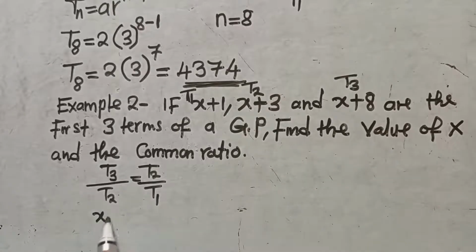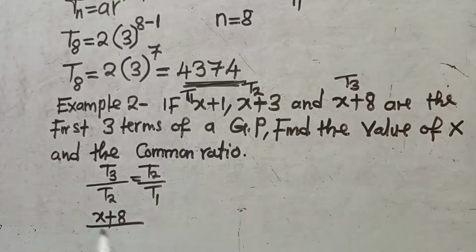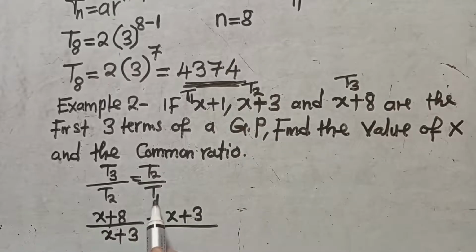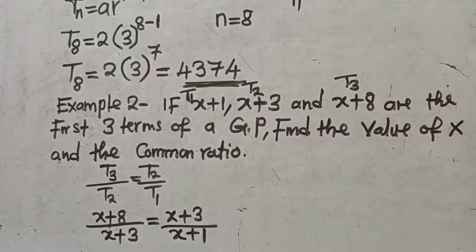We've got x plus 8 over T2. T2 is this one, x plus 3, which is equal to x plus 3 over T1, this one, x plus 1. So I've got this information.